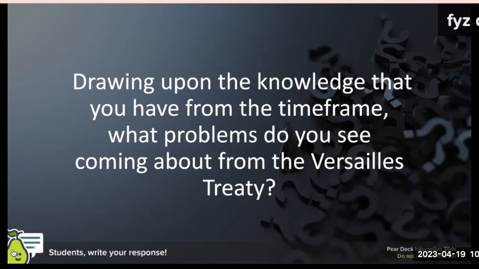Remember, the treaty is going to be used as a scapegoat for Germany's problems. And then later, Hitler is going to come along and say, in addition to the treaty being the source of their problems, he's also going to try to link the Jewish population as a scapegoat for Germany's problems, thus leading to the rise of nationalism and the rise of the Nazi party in Germany.